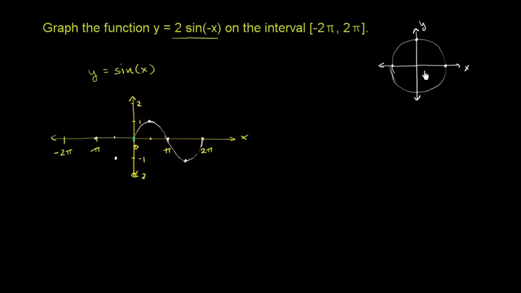Negative 3 pi over 2, you're going all the way around like that. That gets you back to sine is equal to 1. And then you go to negative 2 pi, sine is back to 0. So the curve will look something like this in the negative, as we go between 0 and negative 2 pi.